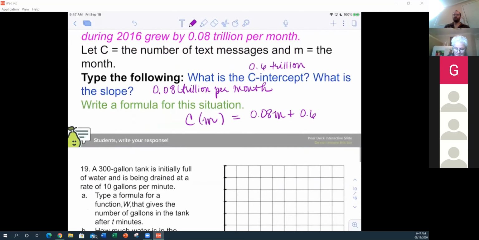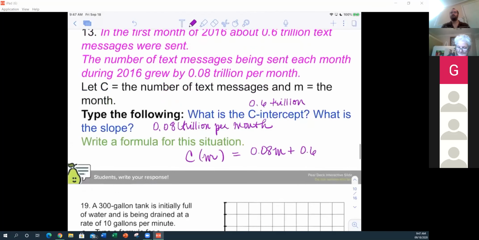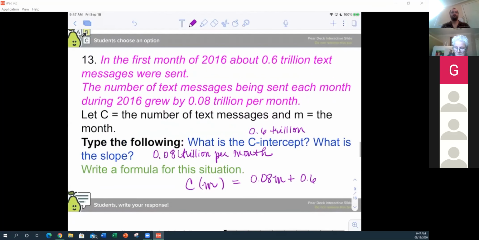Okay, so number 19. Well, real quick, on 13, in the top caption it reads, write a formula of a linear function to model the situation. Choose an appropriate name and appropriate variable for the function. State which variable represents the domain of the function. Assume that the domain is the interval of all real numbers. Do we still give it a domain for this question?